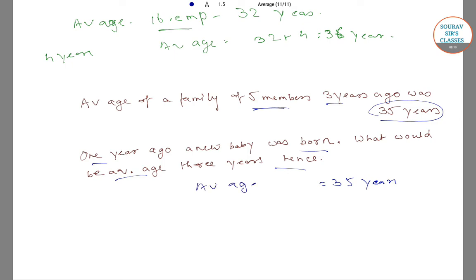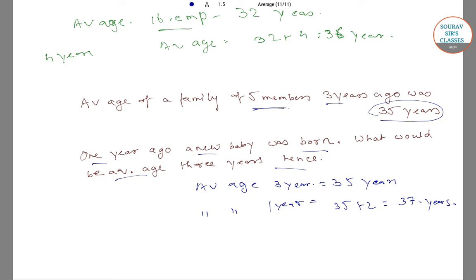So the average age 1 year ago, that is at the time of the birth of the baby, would be 35 plus 2, which is equal to 37 years.